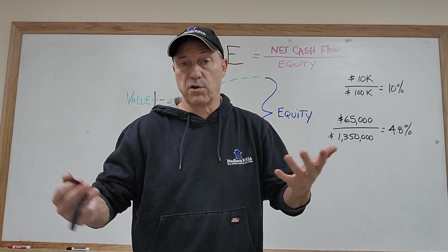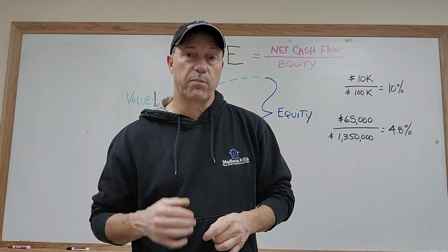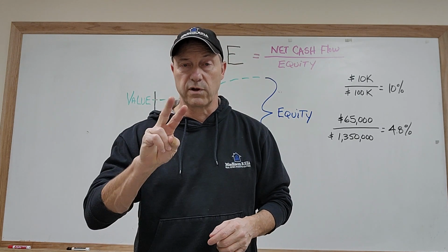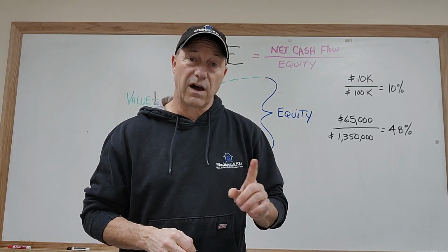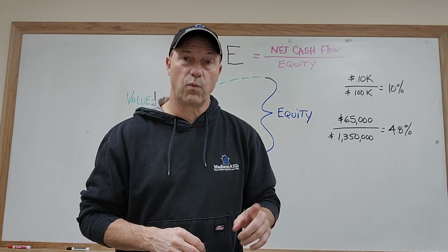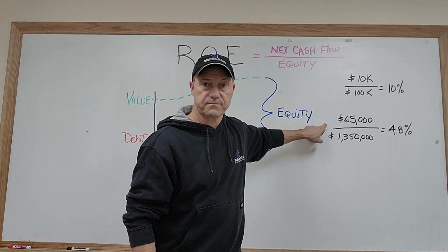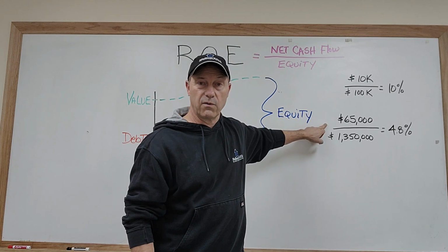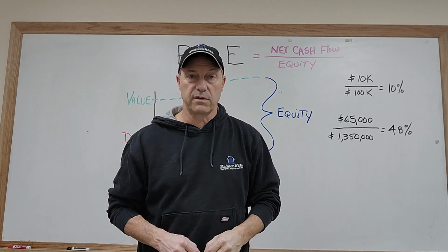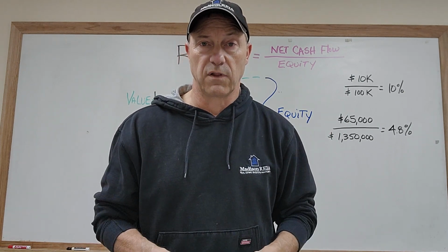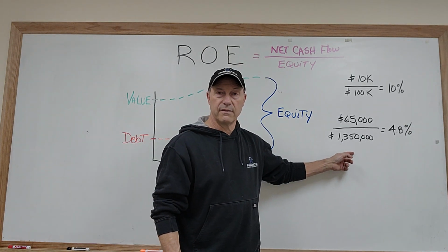Okay, 10%, is that good or bad? Depends who you are. But when I ran the formula on a couple properties that we're looking at selling, we're looking at selling two of them. We've received a pretty good offer. And what that offer did is it told us what our equity is in those two properties. So this formula is what I started running when we were looking at selling. $65,000 of net cash flow on those properties in a year divided by the equity.